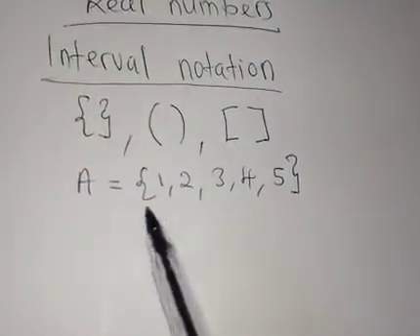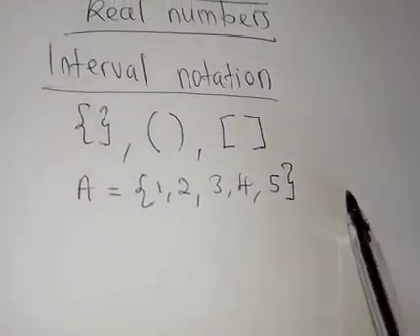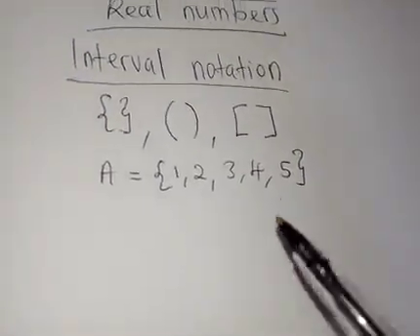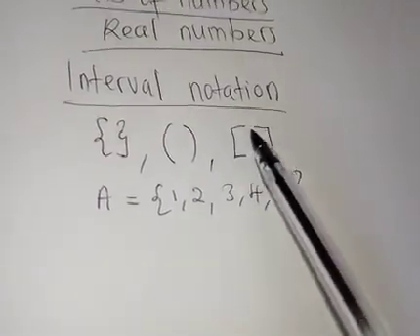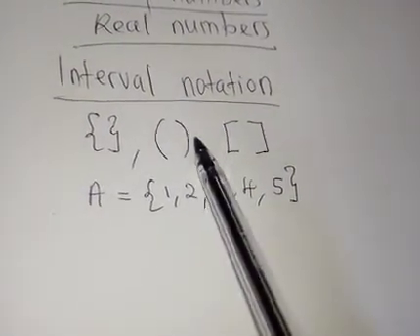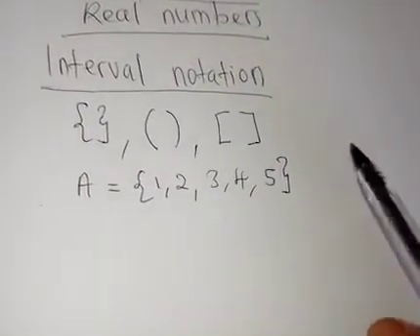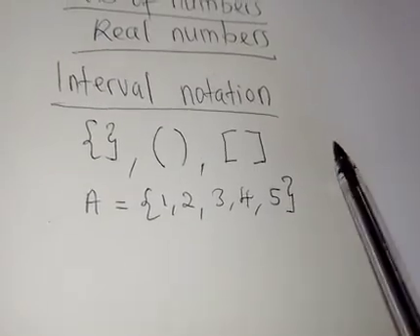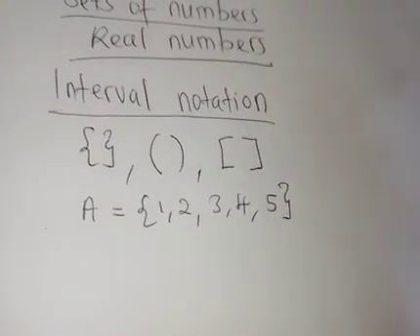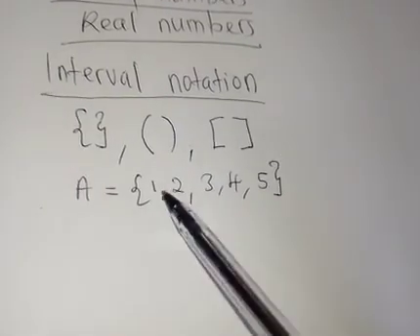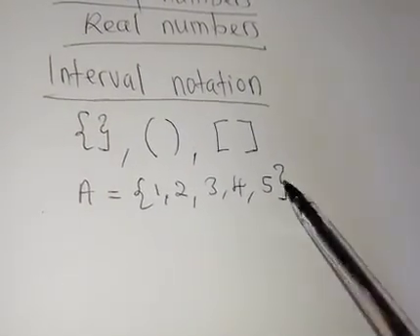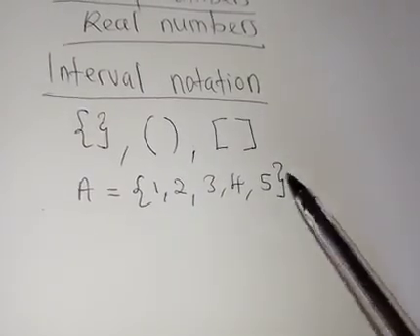Set A representing the first 5 natural numbers. Okay, then how can we present set A using the round brackets and using the square brackets? When you use round brackets and the square brackets, you just show the first and the last element, so you just show 1 and 5 there.